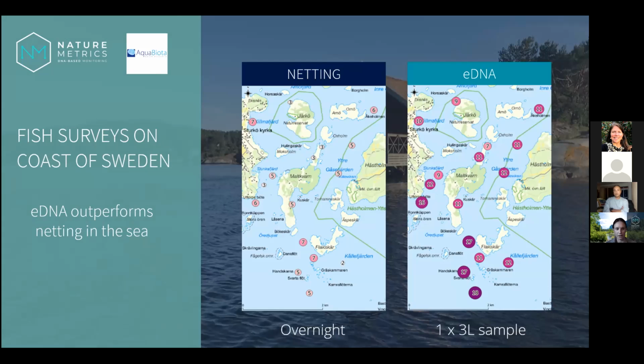So this was, again, working with Aquabiota in Sweden, head-to-head with overnight netting and 1 eDNA sample in each point. And again, in each case, we're finding more of the total diversity in the eDNA sample than we caught in the nets. And actually that becomes particularly true as the water gets deeper and the efficiency of eDNA over the netting is more pronounced.